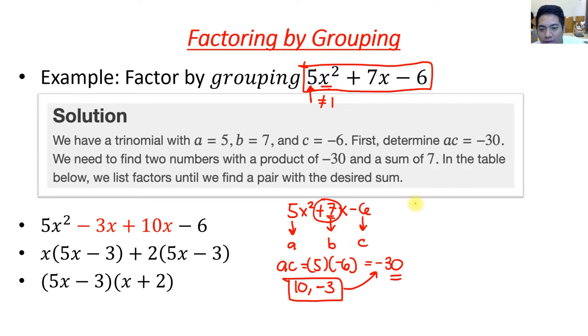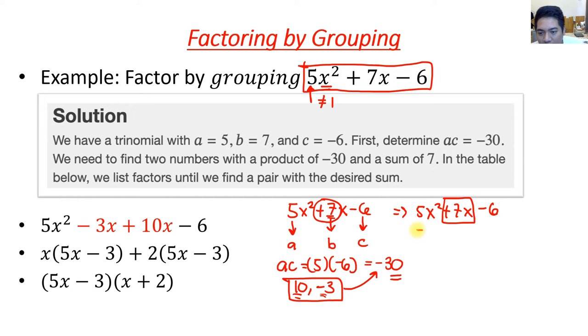So, I will be replacing the middle term of 5x squared plus 7x minus 6 with 10x and negative 3x.